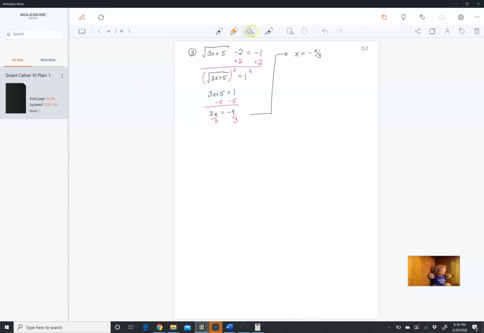But we want to check to see if it's extraneous, so we want to plug back in. Okay, so here we isolate the radical. Here we square both sides. Here we solved for x.